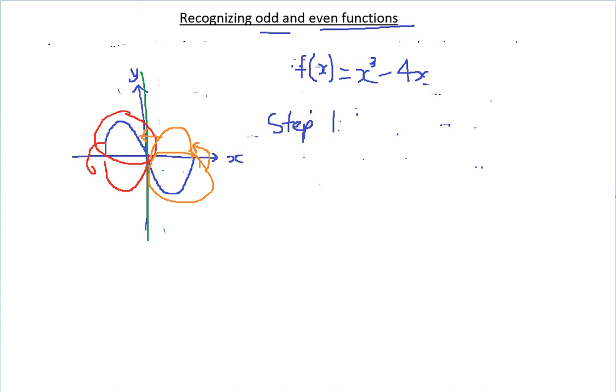By reflecting across the x-axis and the y-axis, we get the same thing as the other part, and the same for this one. Therefore we can say that it is symmetric about the origin.